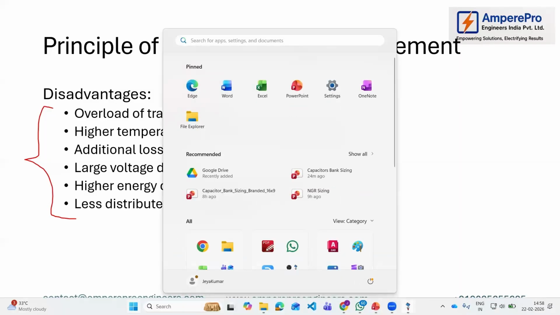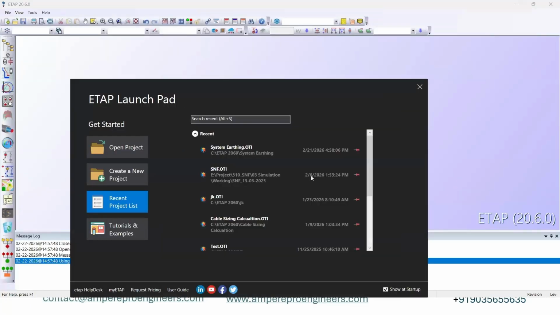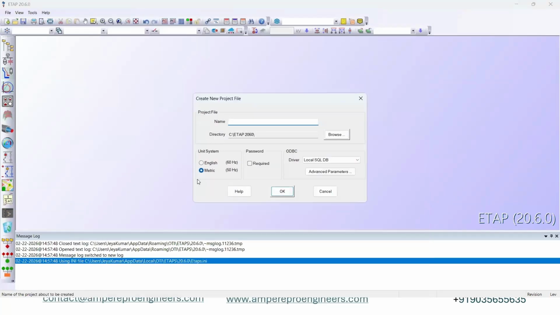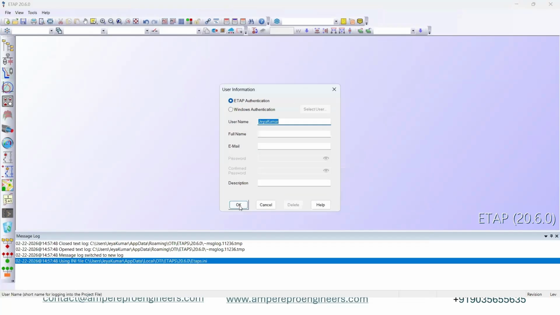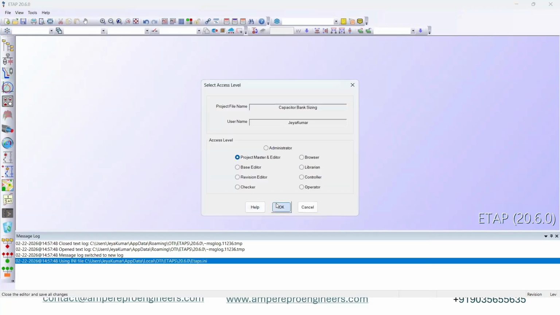Let's wait. Okay, so let's take one simple file.